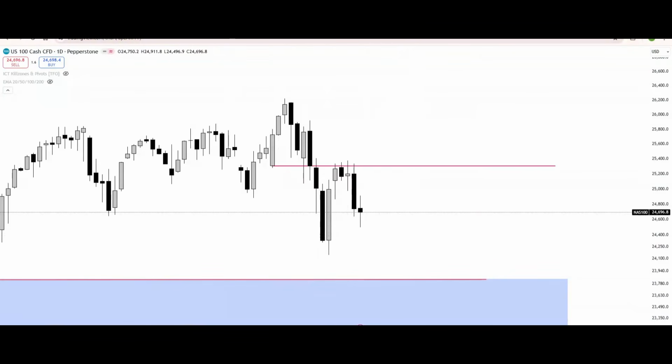On the daily time frame, you can see we have that retracement, and this low is this fair value gap right here. So if this market is still going to give us more bearish moves, this is a nice level that the market can use to push price lower.